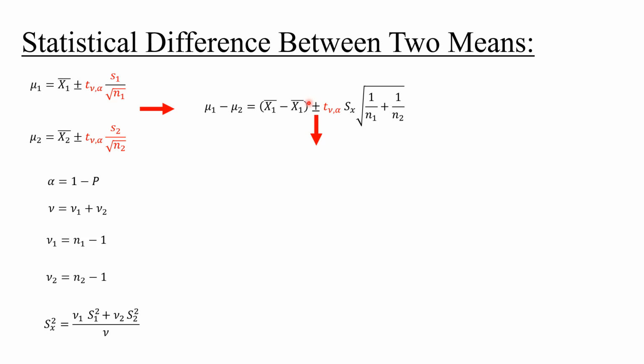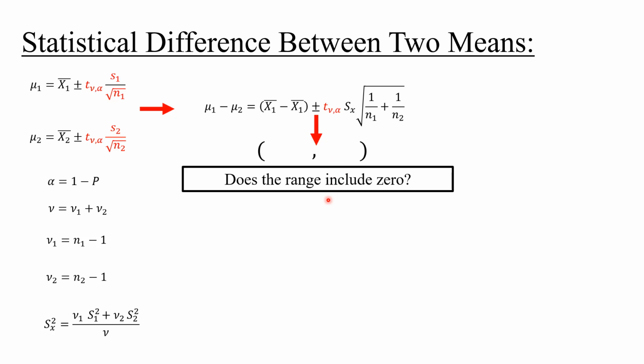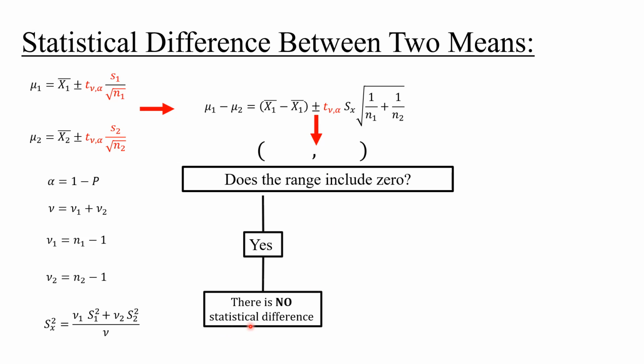Here the important thing is that because we have plus minus, we are going to get a range. And in this range, if this range includes 0, there is no statistical difference between the two means. So think about it. When mu1 minus mu2 would be somewhere in this range, that could be 0.